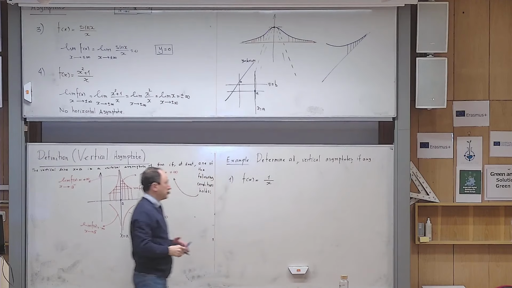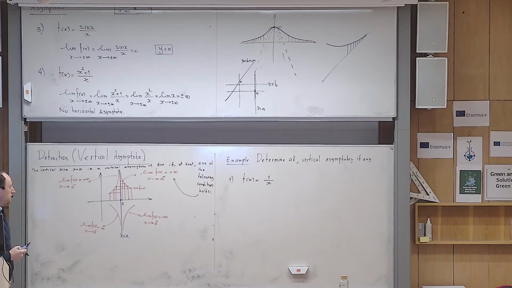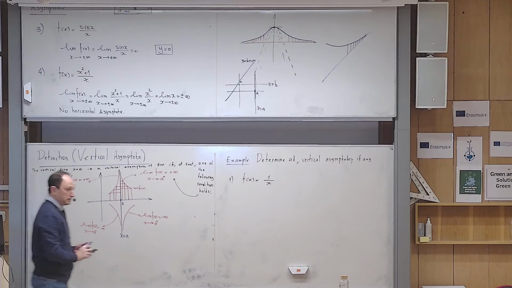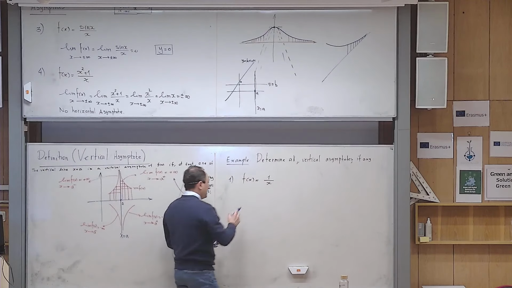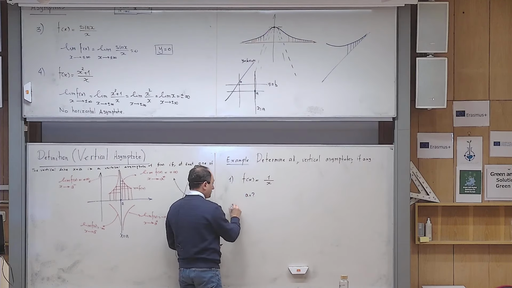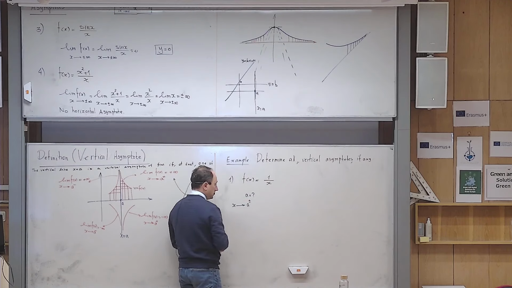This is probably the simplest possible case. So here, you need to ask yourself, and this is the way that you need to think: is there any number so that when I send x to that number, either from left or from right, the answer becomes plus or minus infinity?